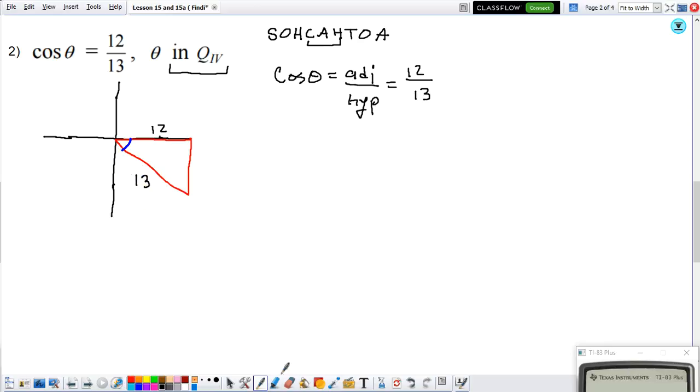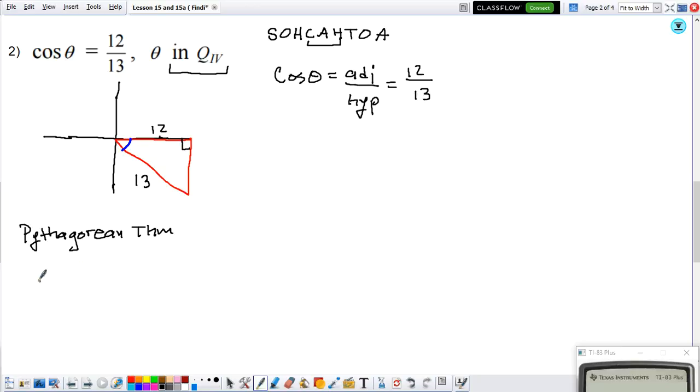All right. So what are we missing? We're missing the opposite. So what can we do to find the missing side? We can use the Pythagorean theorem, because it's a right triangle here. So what do we have here?